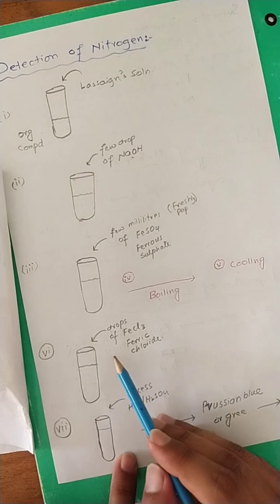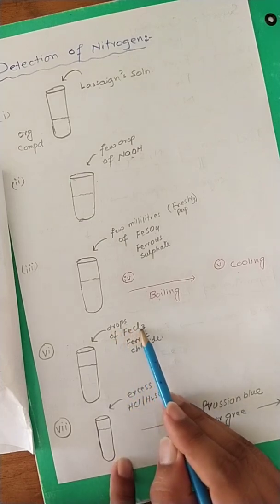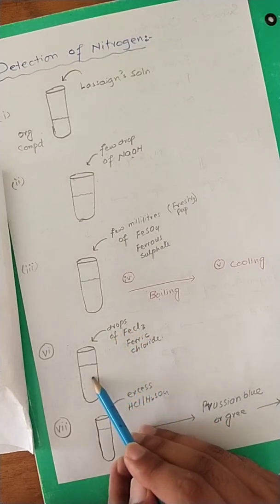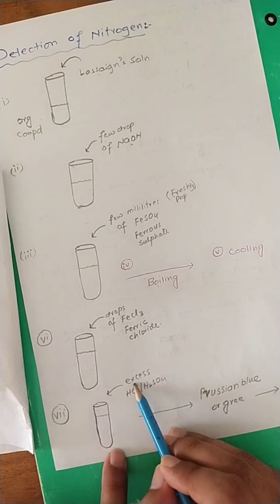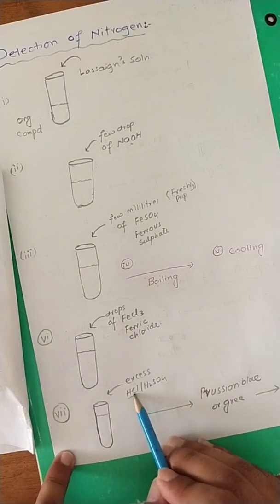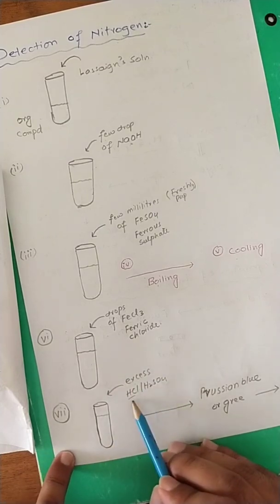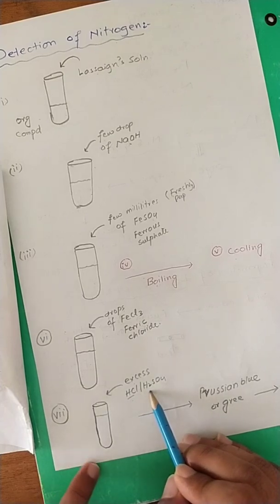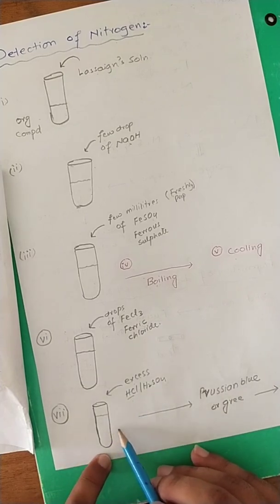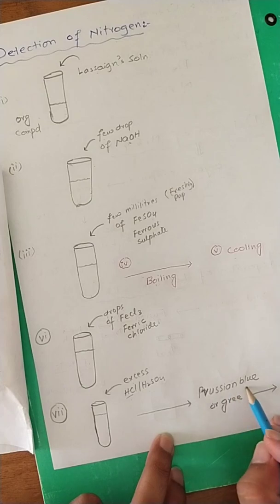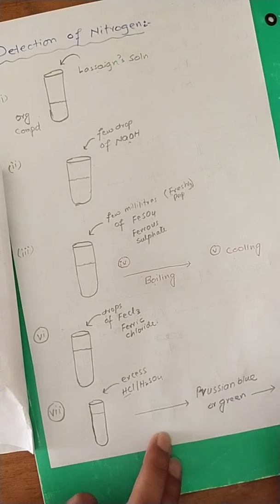After cooling, add a few drops of ferric chloride in this solution and then add excess HCl or H2SO4. The color of this solution will change into Prussian blue or green.